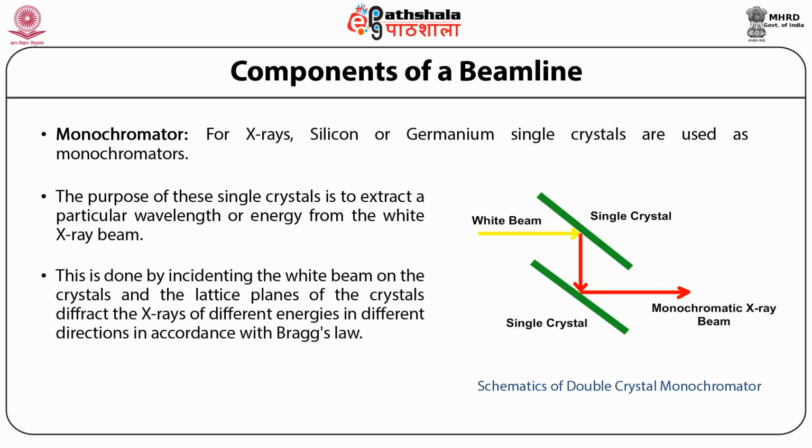This is done by incidenting the white beam on the crystals, and the lattice planes of the crystals diffract the X-rays of different energies in different directions in accordance with Bragg's law.